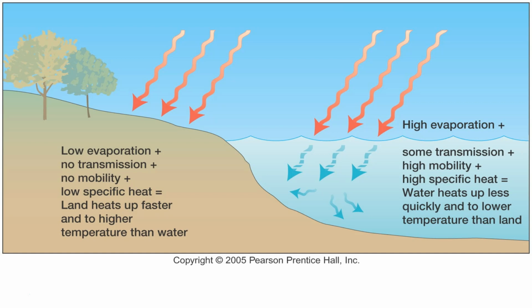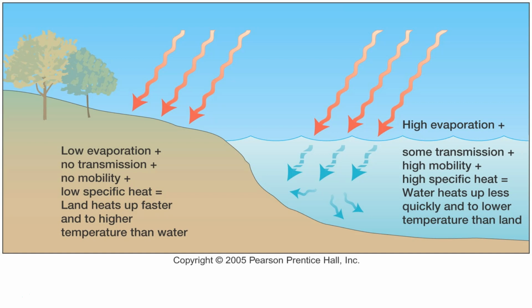What that does is water keeps coastal areas a lot cooler in the summers than inland areas, like the middle of Missouri, right in the midland areas of our continent. This is one of those things you really want to understand, because it explains why coastal regions tend to have more moderate temperatures because of the differential heating of land and water. That's one of the big things you want to look at.